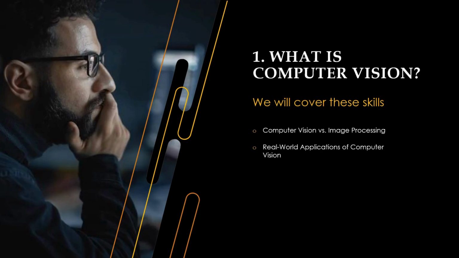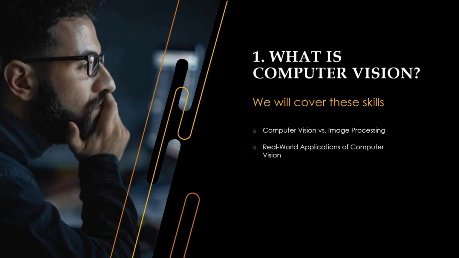In this topic, we will cover 2 important skills. First, we will understand the difference between computer vision and image processing. Although these 2 terms are related, they are not the same. Image processing mainly focuses on modifying or improving an image, whereas computer vision goes a step further by helping a computer understand and interpret what is present in the image.